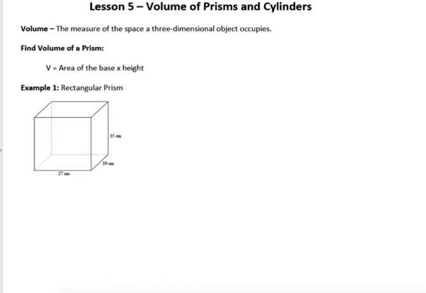So the volume of this prism here is the area of the base times the height. This here is a rectangular prism, so the area of my base is length times width. My volume is going to become the area of my base, which was length times width, and I'm just going to multiply it by my height.